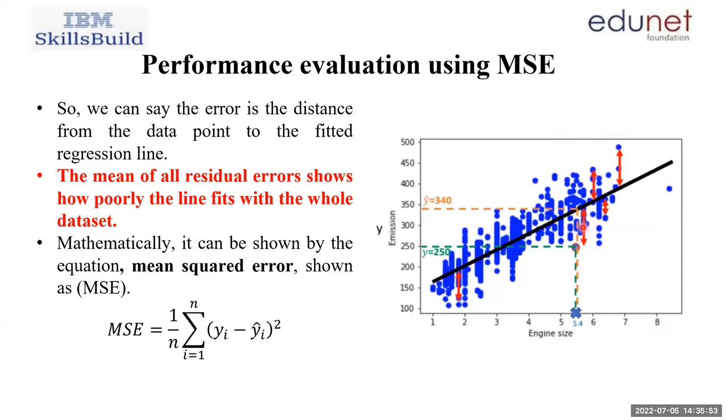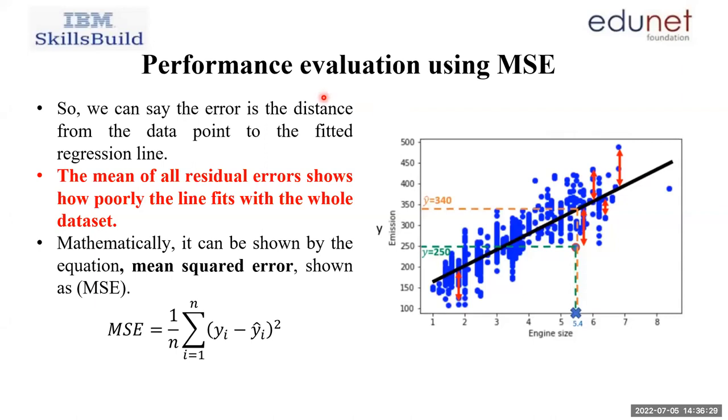Performance evaluation using MSE. MSE is nothing but mean squared error. That means, after predicting the value of unseen X, we have to predict the value of Y. We have an actual value yi with us and we have some predicted value with us.